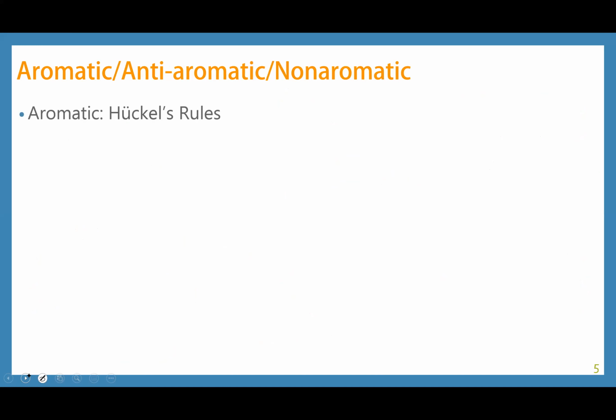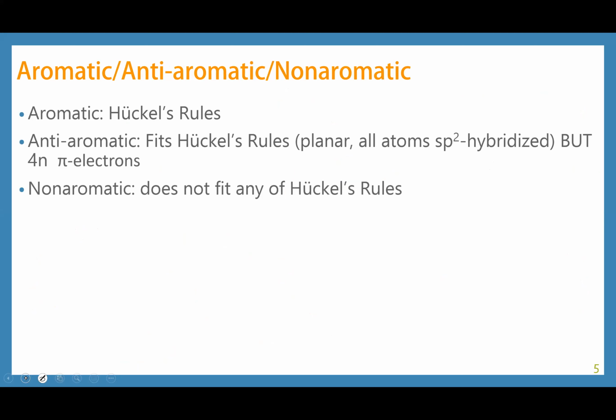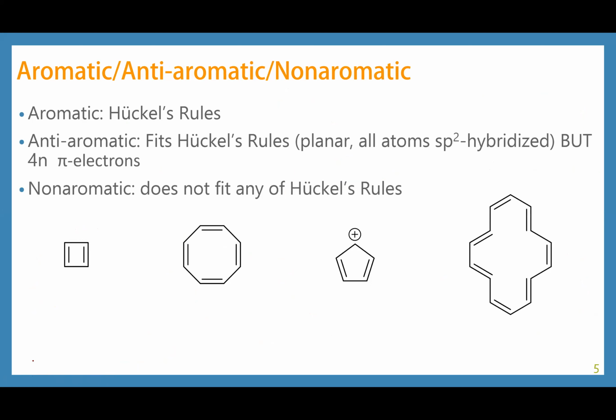Okay, good. We don't have to go through all these examples because we just did a whole bunch of these. But remember that anti-aromatic means it fits those first 2 rules, but it has the wrong number of pi electrons.